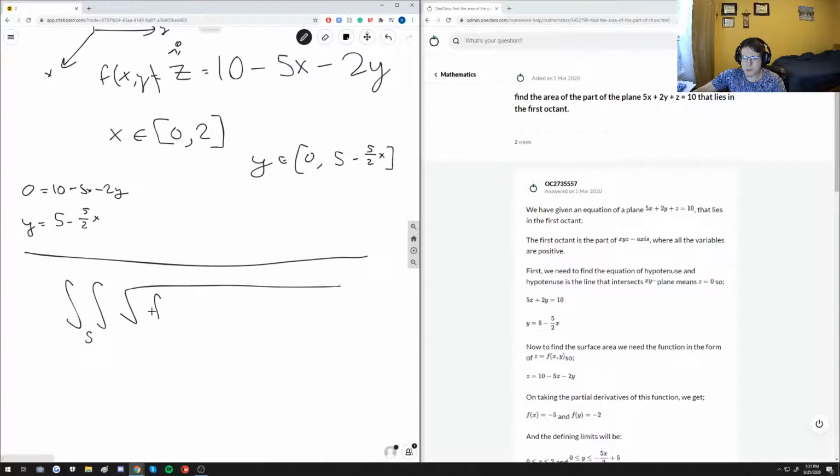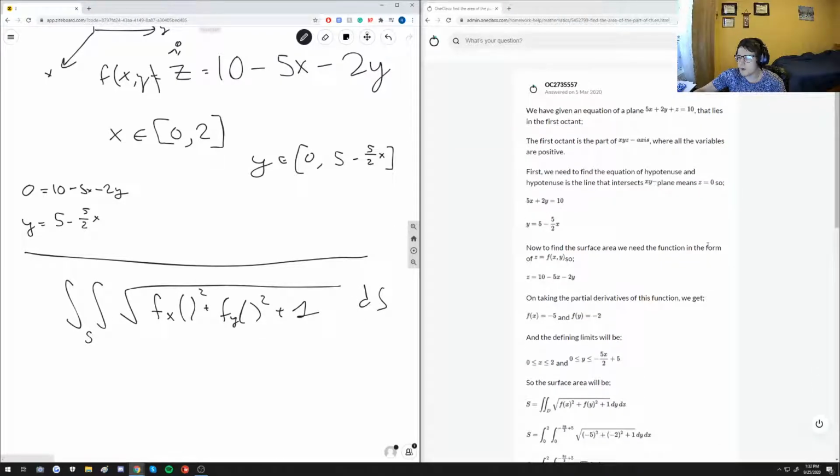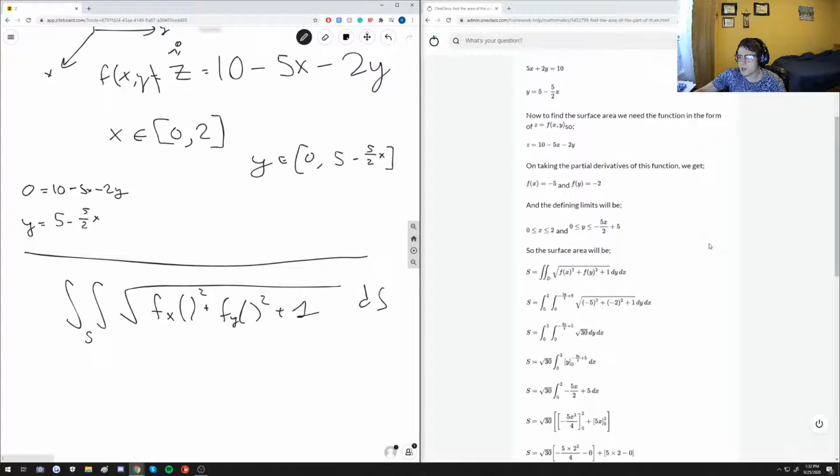Normally, I believe it is the partial derivative of x squared plus the partial derivative of, well, hold on, I'm sorry, one second. So it's the partial derivative with respect to x, plus the partial derivative with respect to y, plus 1, over your surface. So let me just make sure here. So that is how it's done in this case.